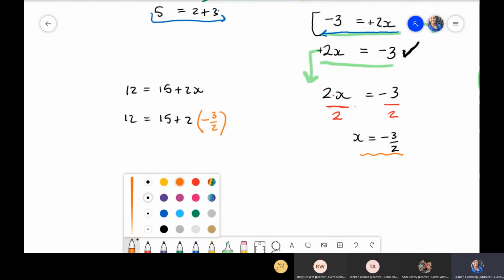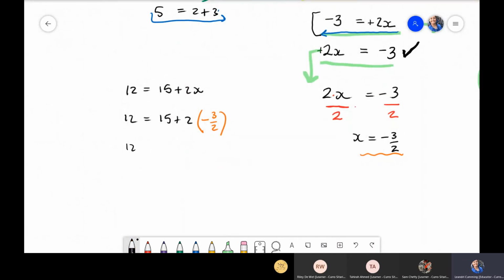A lot of fraction work coming in here. 12 is equal to 15 plus, that's a 2 over 1 times a negative 3 over 2. What happens here is I cancel my 2. 12 is equal to 15 minus 3. 12 is equal to 15 minus 3 is 12. Left hand side is therefore equal to right hand side. So we're on the right track.